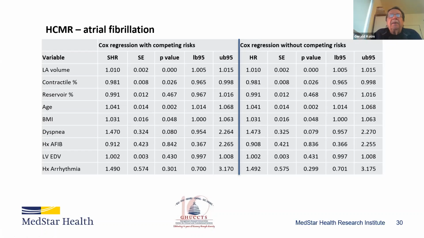But as I say, you want to look at this because in some cases it doesn't really make that much difference, and it's much easier to analyze the data and make sort of more straightforward conclusions if you just use your competing risk event as a censoring event.